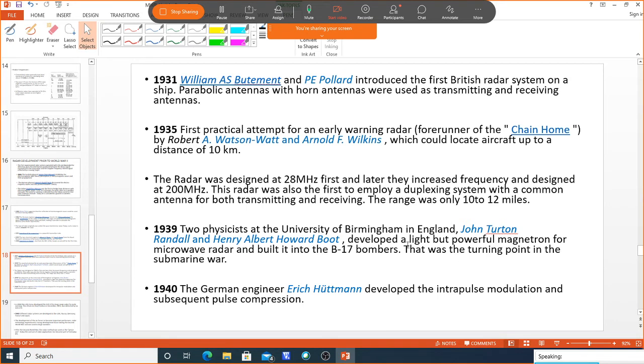Okay, so this was a turning point for submarine war, and World War II had started. So they put these bombers on the war field. Okay, so in 1940, another scientist, a German scientist, developed intra-pulse modulation and subsequent pulse compression. By using this modulation method and pulse compression method, he tried to design the radar.